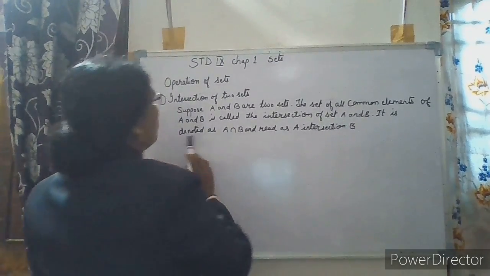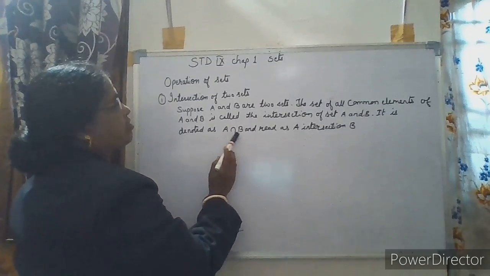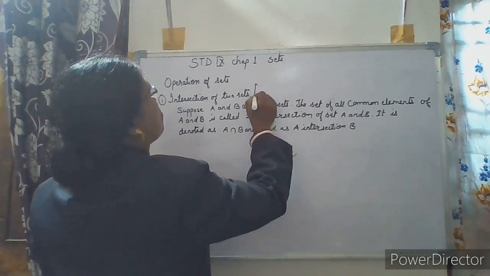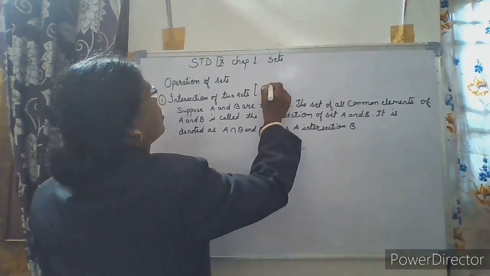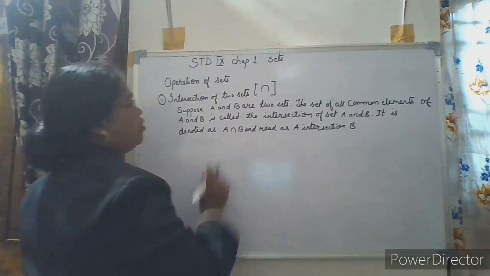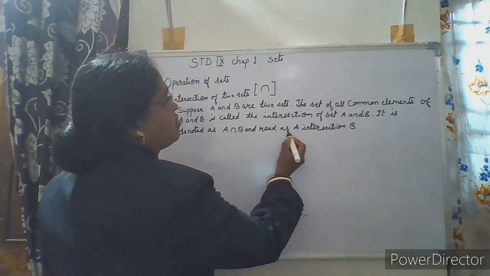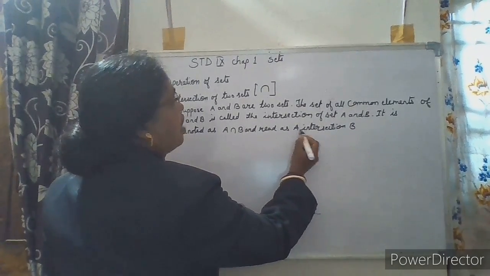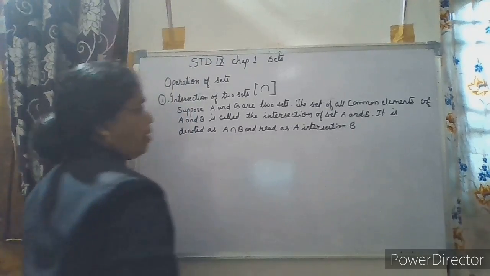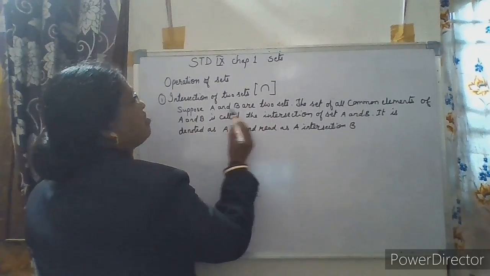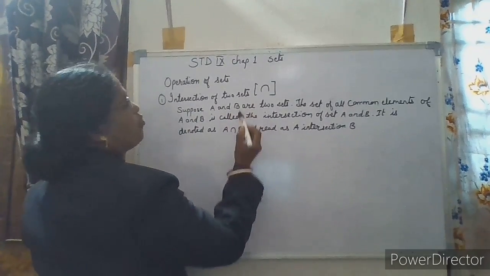It is denoted as A intersection B. Intersection symbol is this, inverted U. A intersection B, and we read it as A intersection B. So what is A intersection B or intersection of two sets?